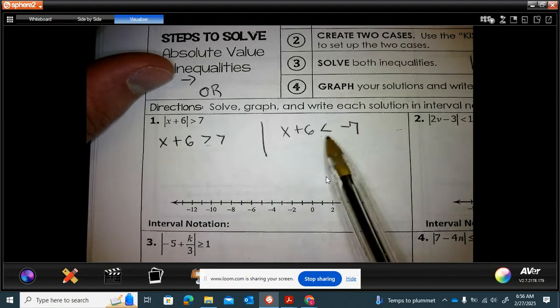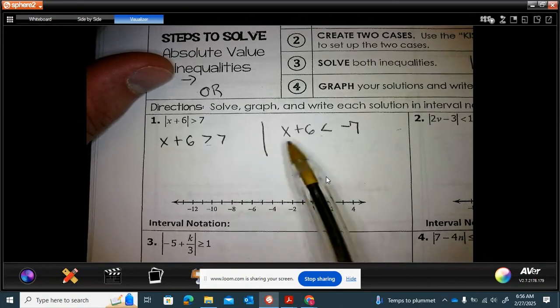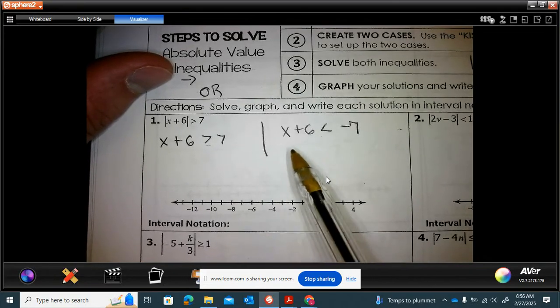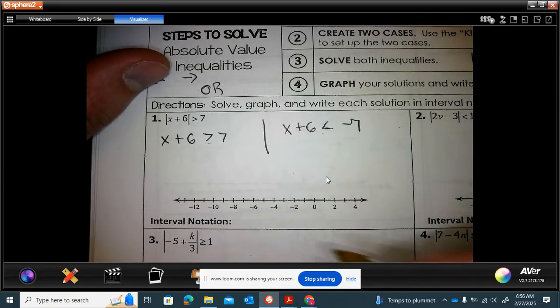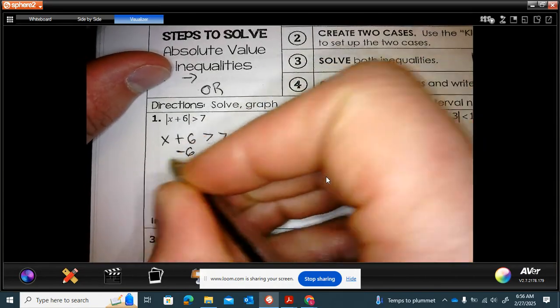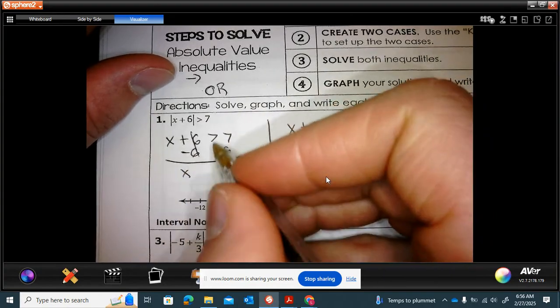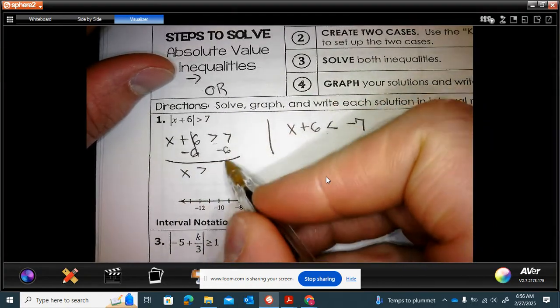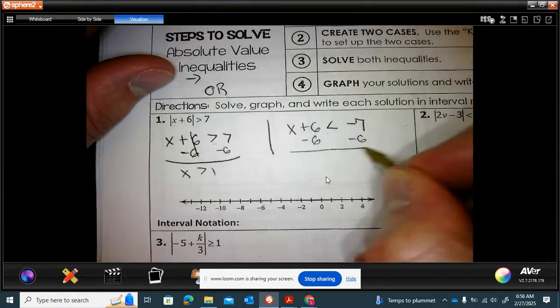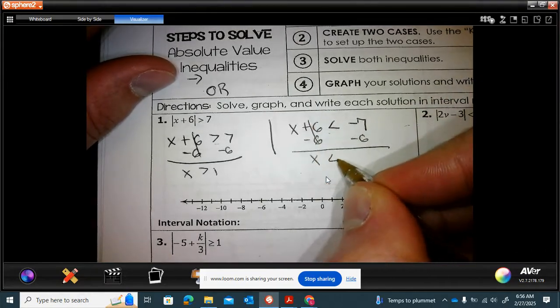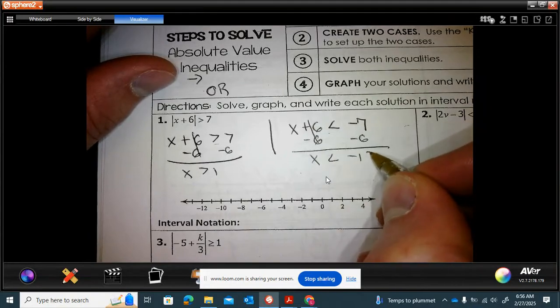So you never add a line underneath, you just flip the direction of the symbol. Now these are my two equations, and I can solve them. I subtract 6, and I'm left with x is greater than 7 minus 6, which is 1. I subtract 6, and I'm left with x is less than negative 13.